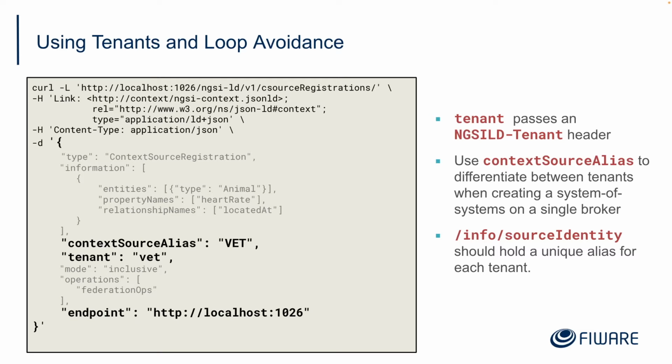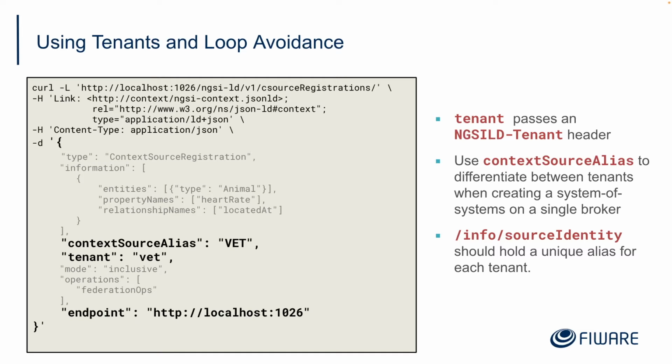It could be the default tenant. But this information is used to avoid looping. When you get looping, the context broker checks the headers it receives to say it's already been through the following context brokers, and if it's already found itself on the list, it doesn't bother returning any more data.